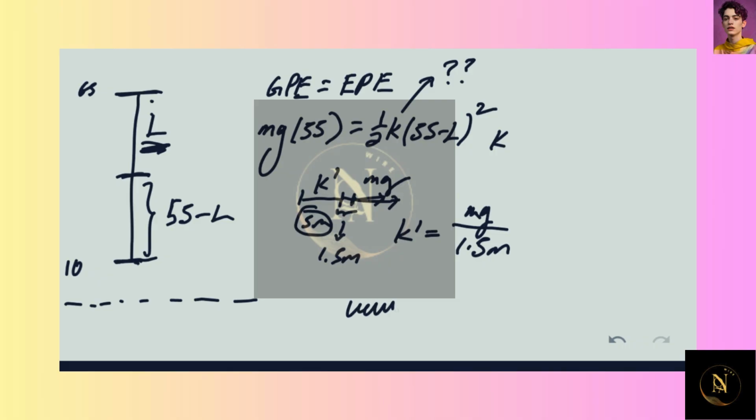So 5 meter plus 5 meter plus 5 meter, and so on. As we know, when we add springs in series, the spring constants add in reciprocals, so 1 over k1 plus 1 over k2, inverse.